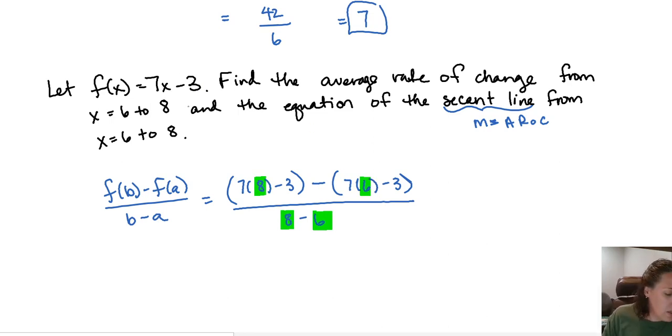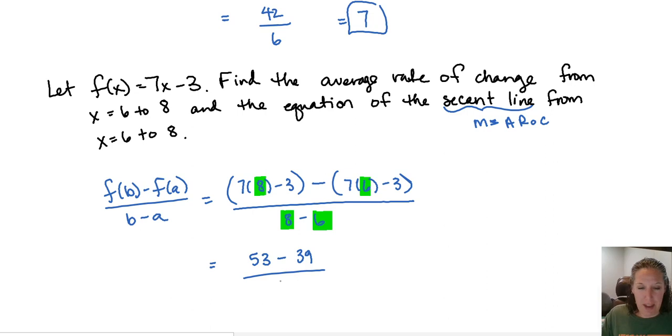So if we plug in 8 there, that simplifies. It'll be 56 minus 3 will be 53. And then 7 times 6 is 42 minus 3 is 39.